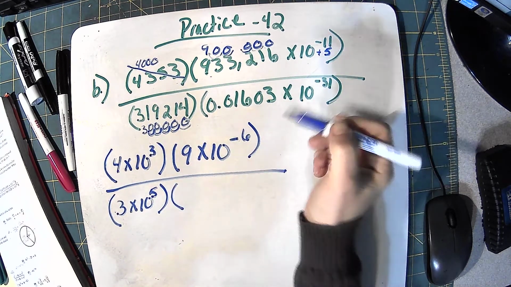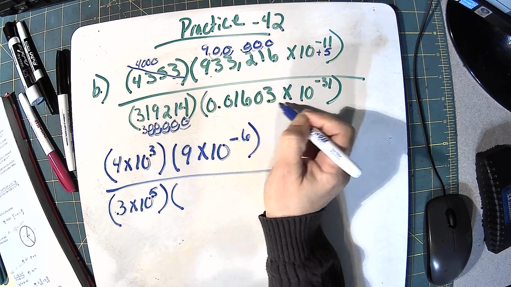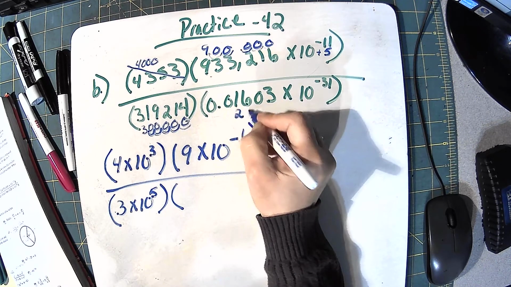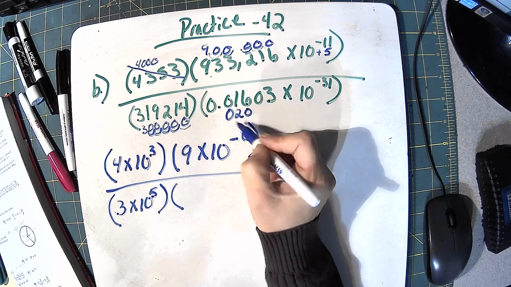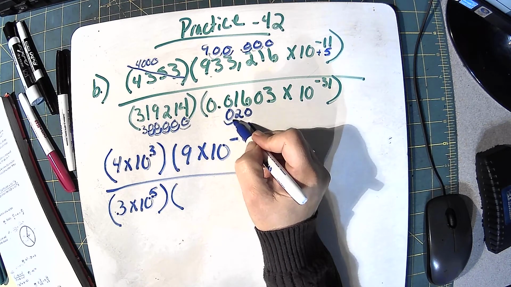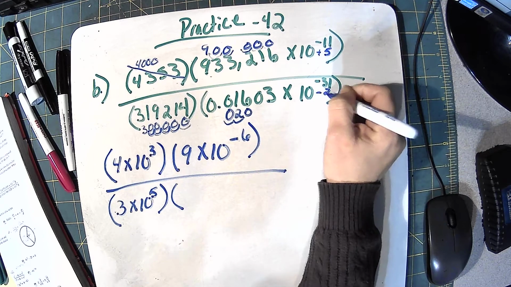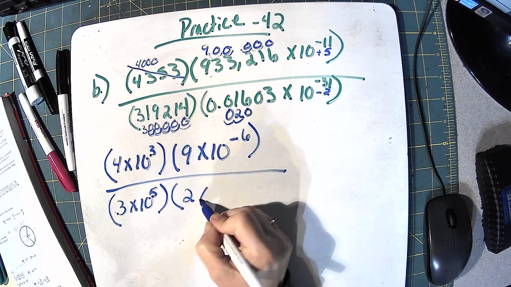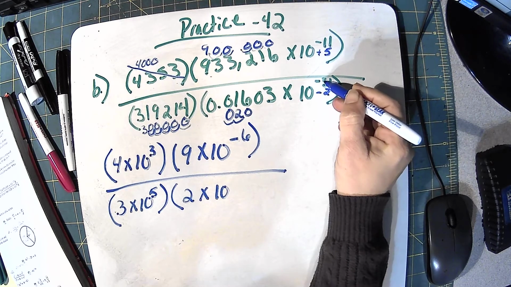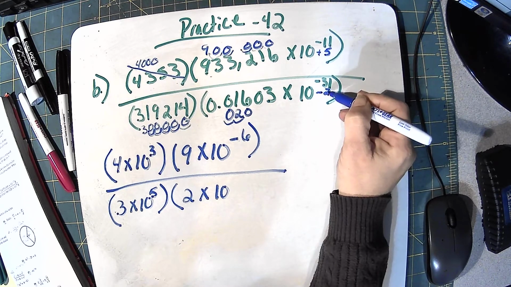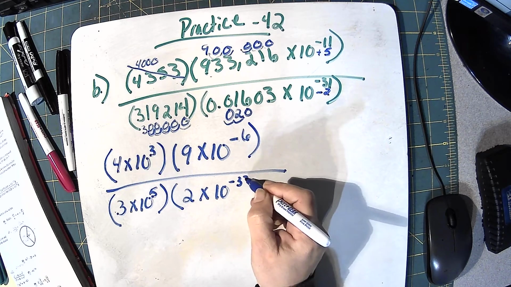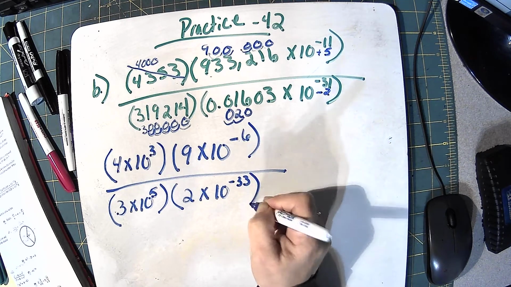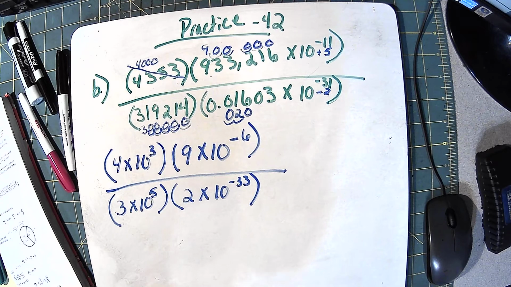Okay, and this one's going to round to 16, rounds up to 20. We don't even care about those other zeros there. We're going to be moving our decimal to there, so 1, 2. So we moved it negative 2. So we're going to have 2 times 10 and 31, and we moved it negative 2. That'll be negative 33. All right, so now we've got our scientific notation set and everybody's rounded.